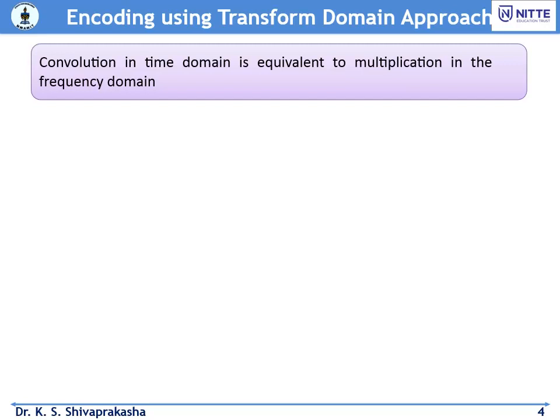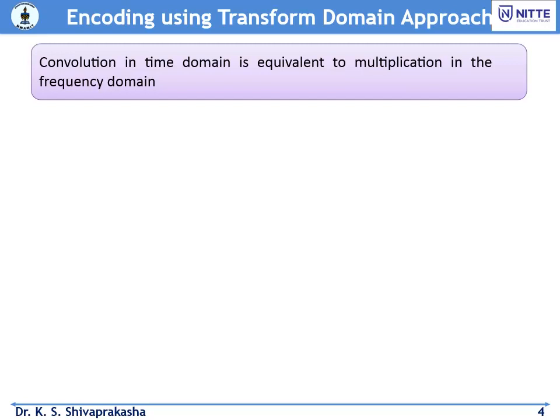Using this property of convolution, I can obtain the code vector by considering data and generator sequences in transform domain, then performing the multiplication of the data polynomial with the corresponding generator polynomial, so that I get the code polynomial, which is in transform domain. From the code polynomial, I can write the time domain equivalent to obtain the overall code vector. Okay, so this is the procedure.